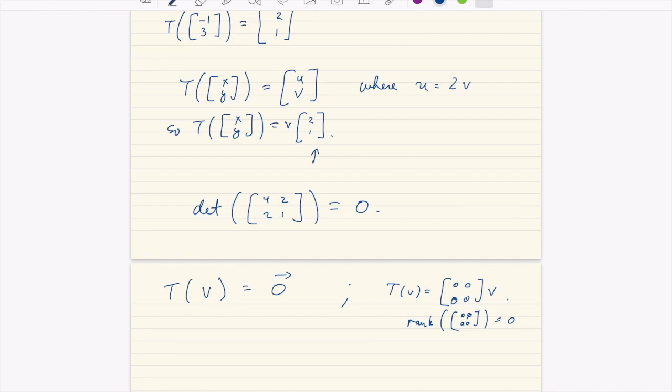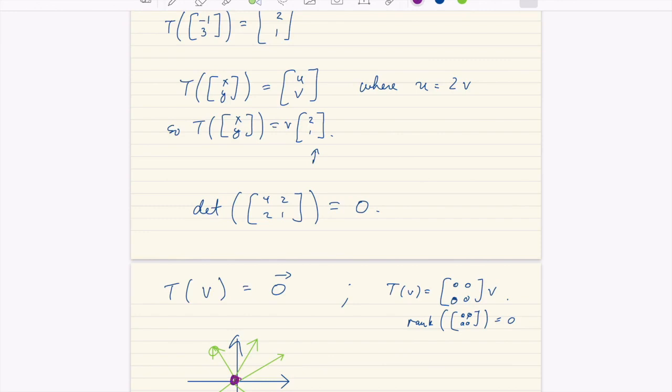So the rank of that matrix is 0, and likewise, if you were to take any vector that you want, its image is going to be the boring old 0 vector. No matter what vector you put in, doesn't matter what you start with, your output is always the origin.